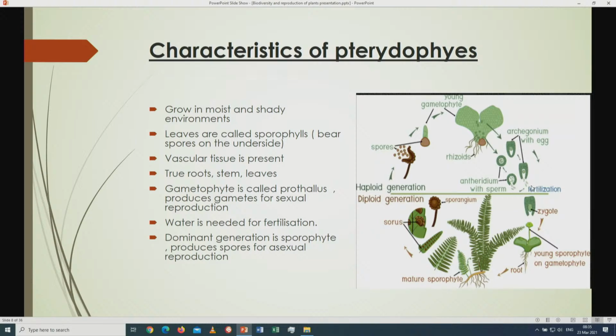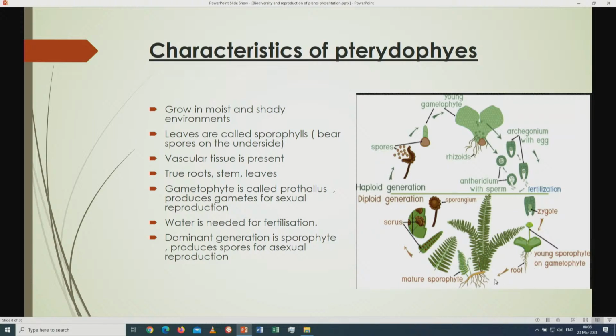Once fertilization has taken place, a zygote will be formed, and then this zygote will develop into a young sporophyte on this gametophyte generation, which is going to disappear.